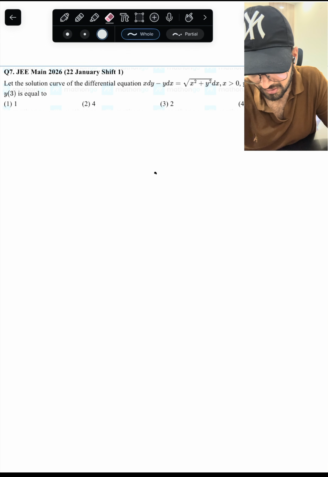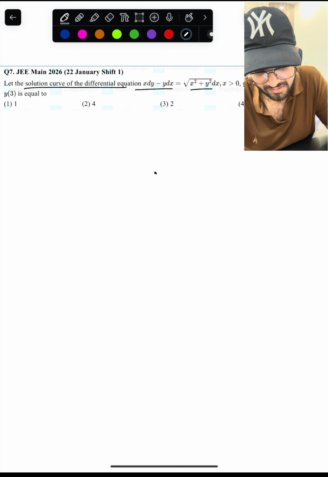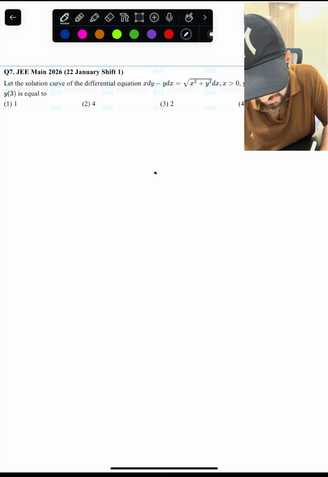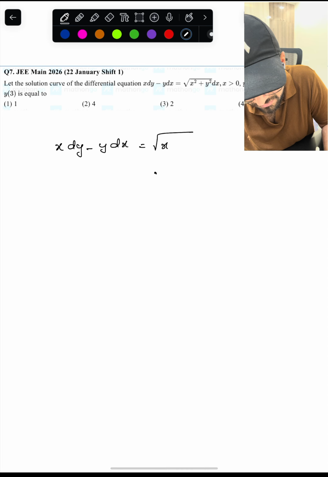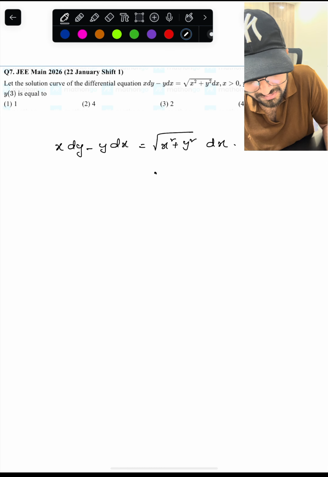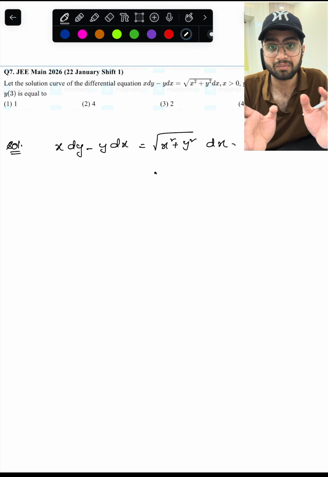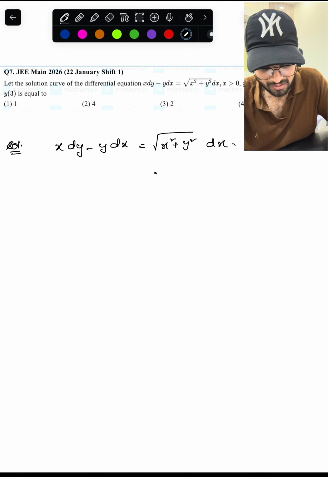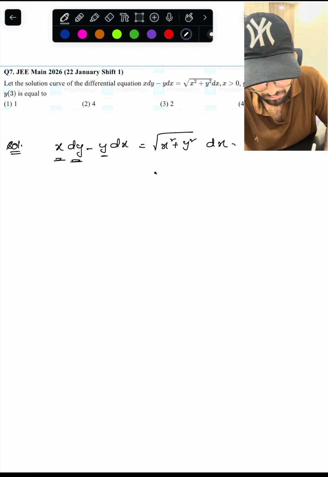What is given here? Let the solution of the curve of the differential equation be given. Now here x dy minus y dx equals root of x square plus y square dx is given. Whenever you see these kinds of questions where the differentials are separately given, always try to think in exact differential form. Exact differential form means here I can see dy into x minus y into dx.